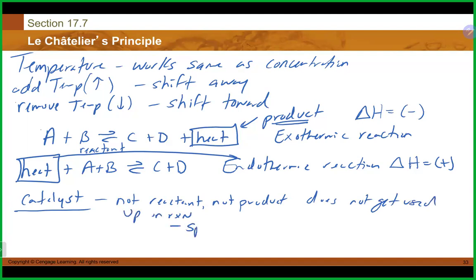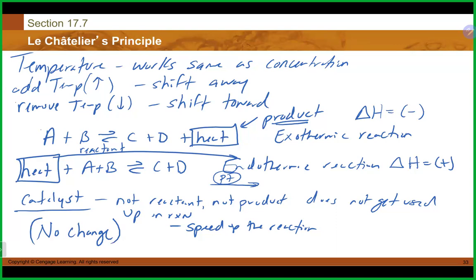It's typically there just to speed up the reaction. Catalysts are a lot of times found on top of the arrow. If you add a catalyst, this is one of the ways that you could get a no change. It'll get to equilibrium quicker, but there really will be no change.